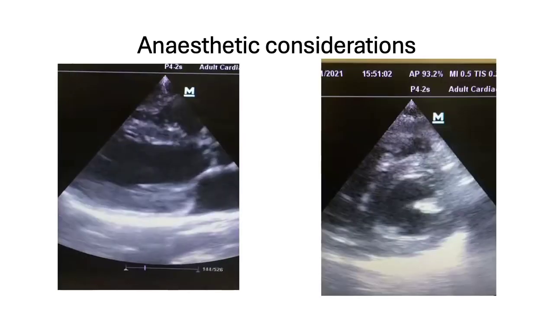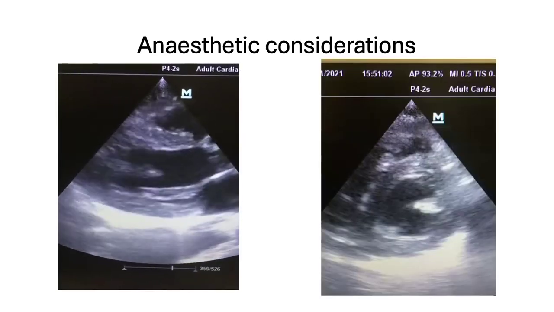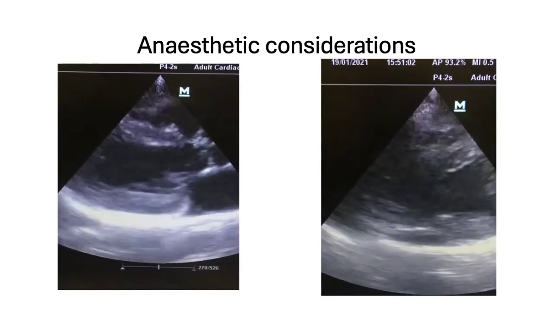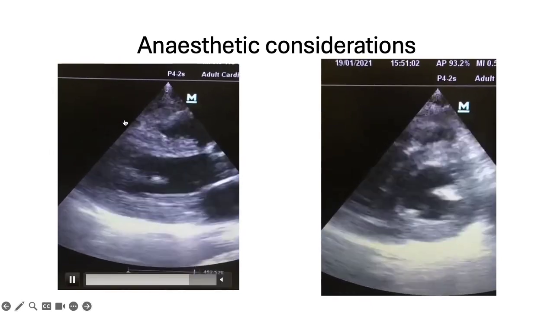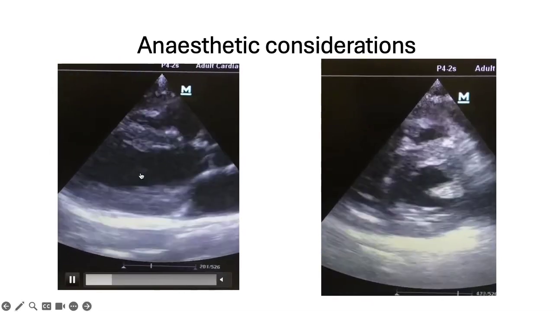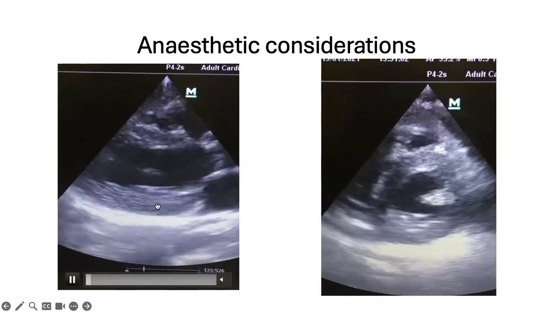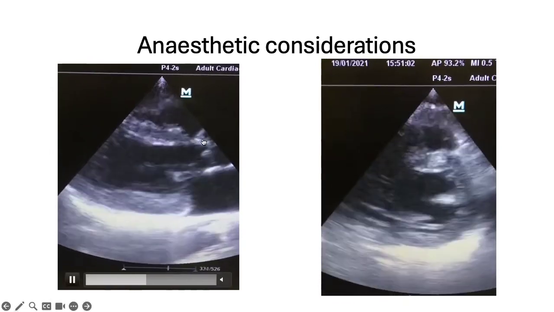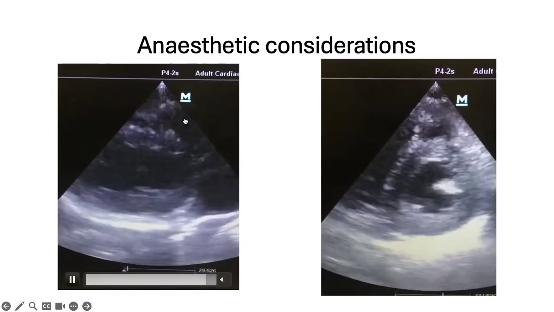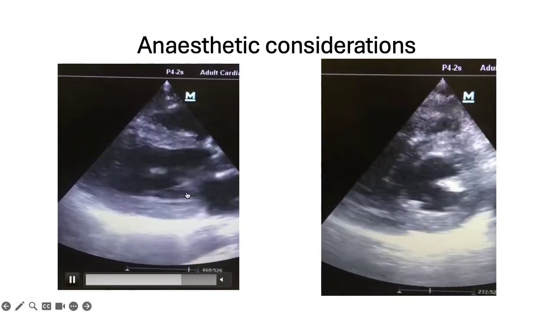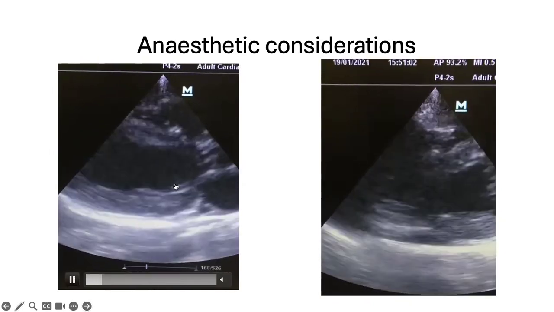Okay. So this is a patient that we saw in our hospital. The first view on the left is what we call the parasternal long axis view. What does it show us? It shows us the left ventricle here, and we've got the intraventricular septum, the right ventricular outlet tract, and the left atrium here. Here we've got the mitral valve.